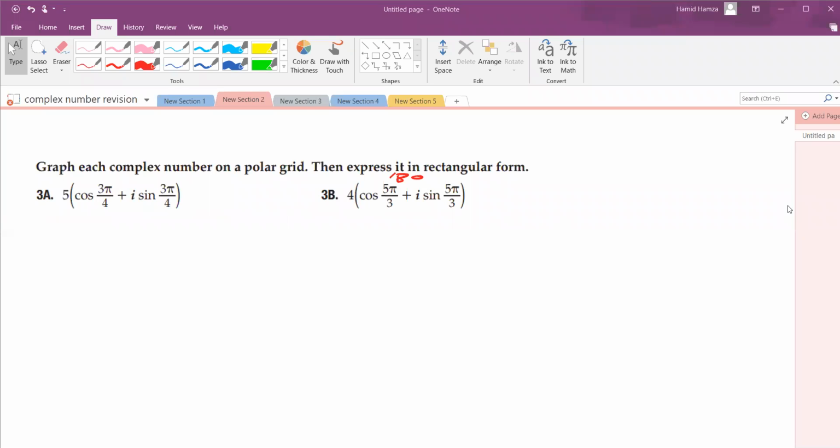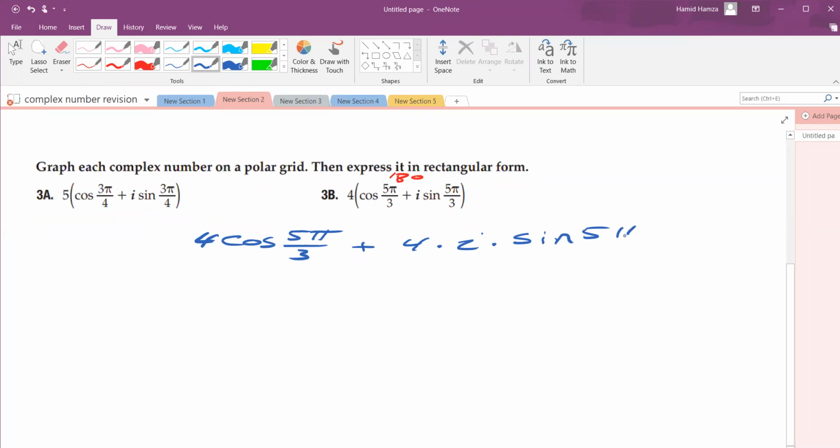So we will multiply 4, so it will be 4 cosine 5 pi over 3 plus 4 multiplied by i multiplied by sine 5 pi over 3, like this.